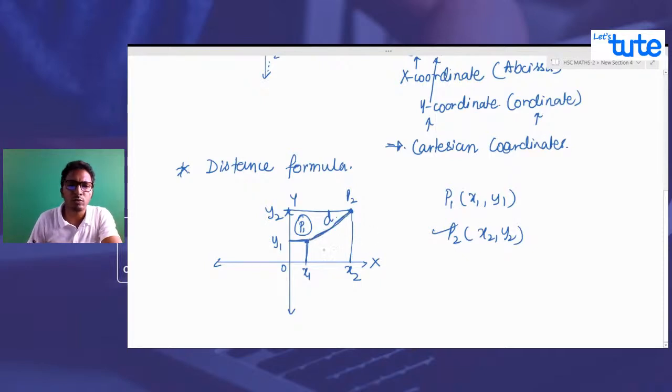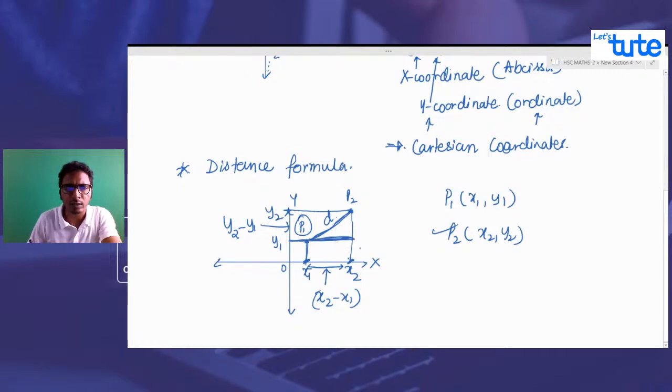So what do you think? What is the distance from x1 to x2? It's very simple. You just have to subtract x1 from x2. You will get the distance between them. Correct? And what is the distance between y1 and y2? You just have to subtract y1 from y2. So the distance from this point to this point is equal to this distance.